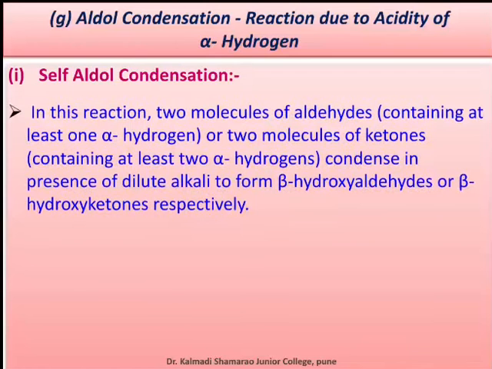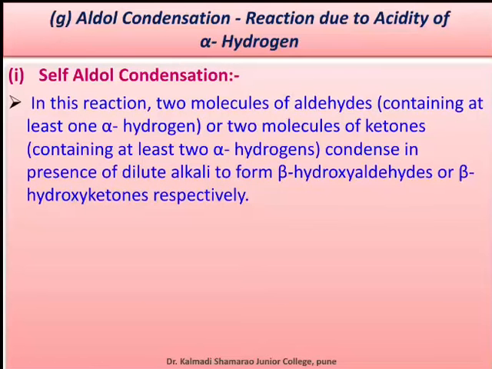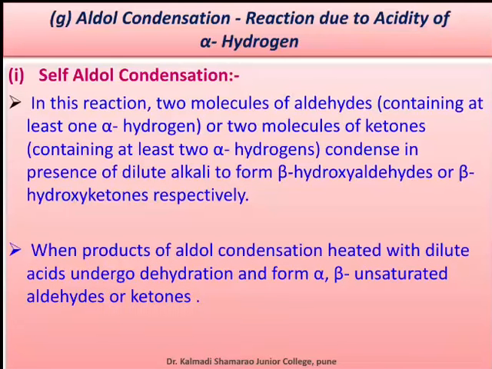In self-aldol condensation, two molecules of an aldehyde or a ketone condense in the presence of a dilute alkali to form a beta hydroxy aldehyde or a beta hydroxy ketone respectively. When the products of aldol condensation are heated with dilute acids, they undergo dehydration, leading to the formation of alpha-beta unsaturated aldehydes or ketones.